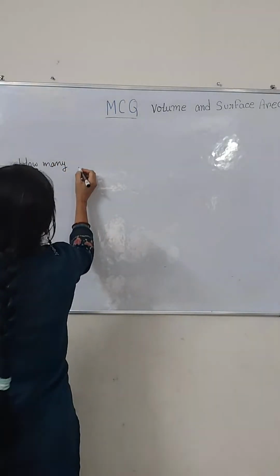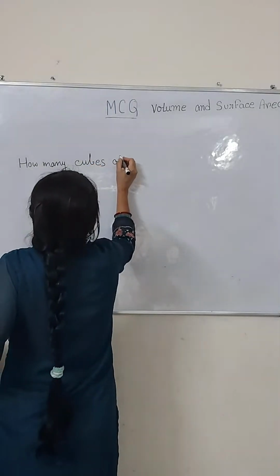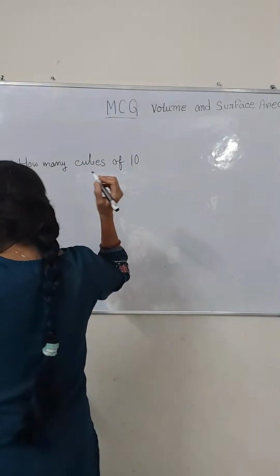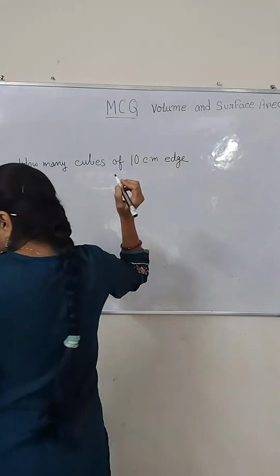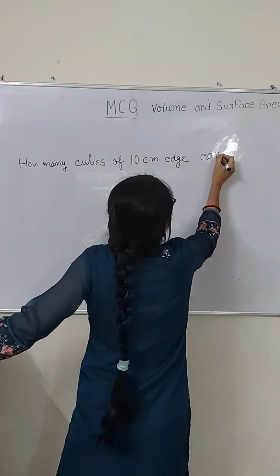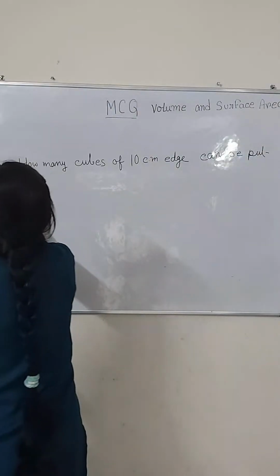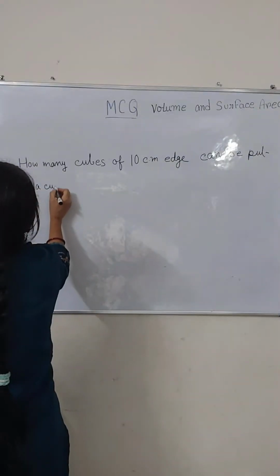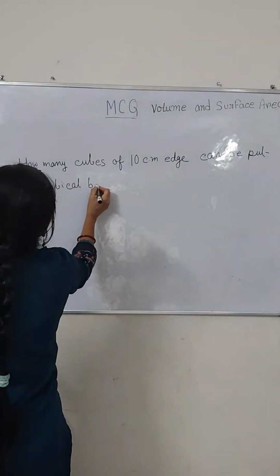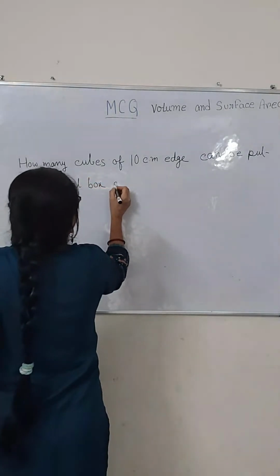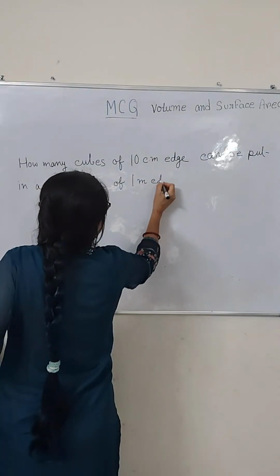How many cubes of 10 centimeter edge can be put in a cubical box of 1 meter edge?